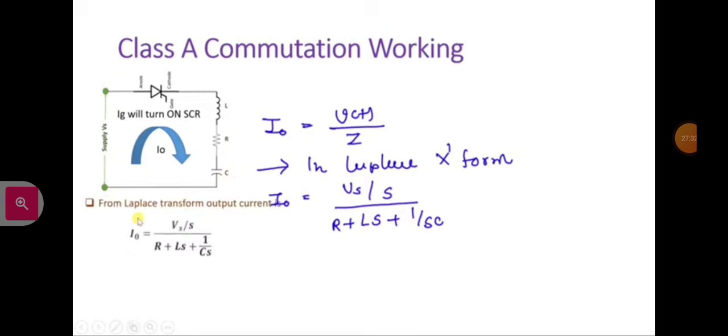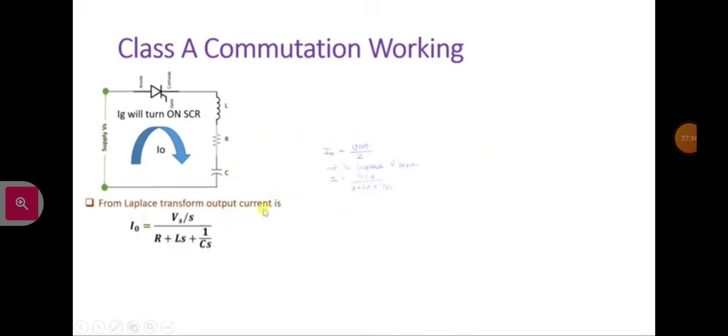So from Laplace transform, output current I0 is equal to voltage divided by impedance. Voltage is Vs divided by S, and impedance is R plus Ls plus 1 by Sc, where R is R only, but inductor changes to Ls and capacitor will be 1 by Sc.